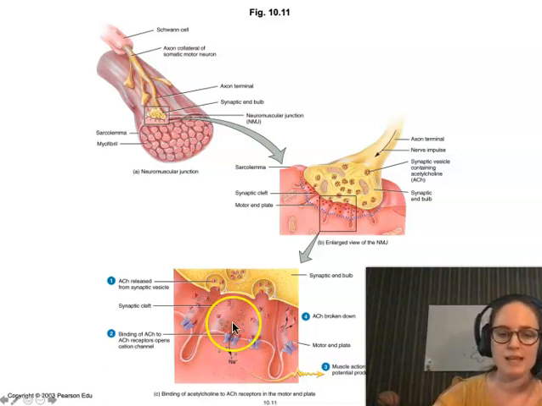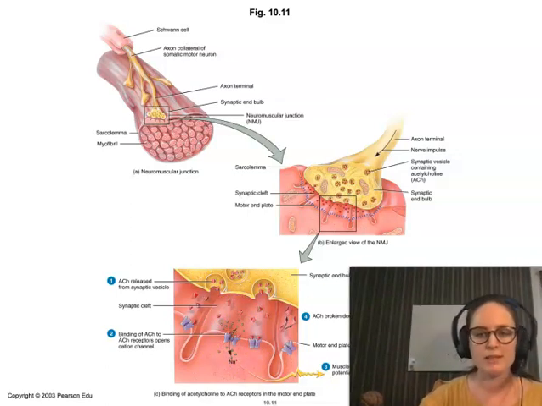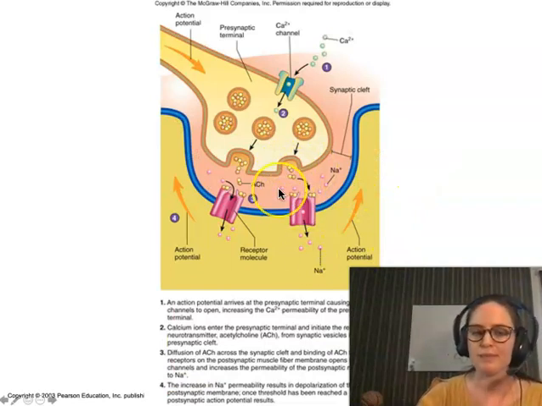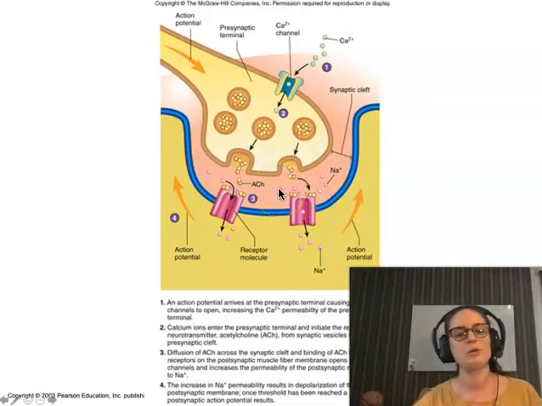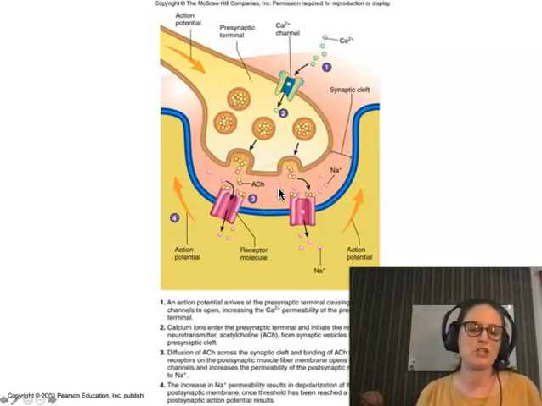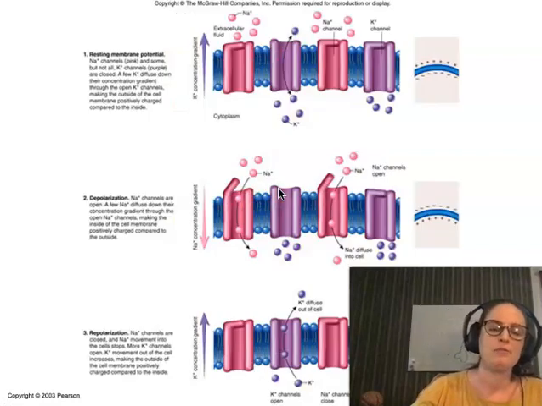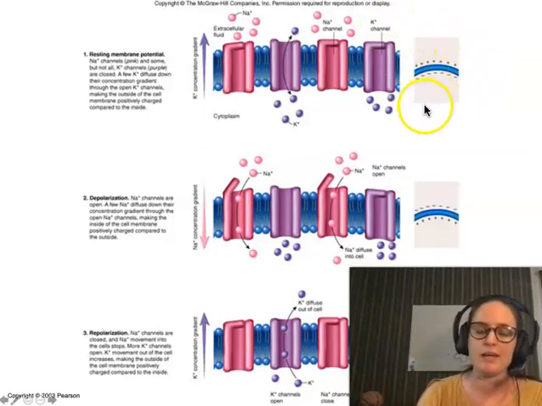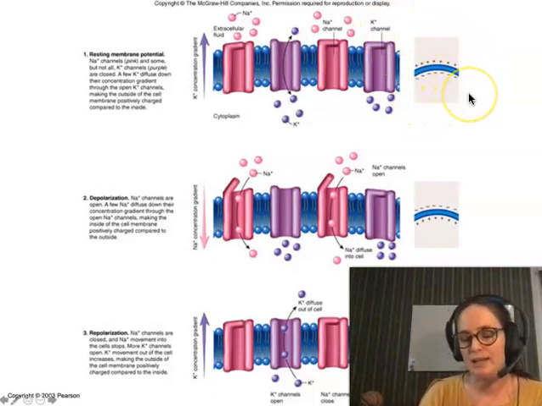They're going to let sodium in. Sodium's going to be kind of important to us. Once sodium is in, that's going to allow the cell to do what we call depolarize, which just means become more positive. Before sodium was in, outside of the cell it was very positive. Inside of the cell was very negative.